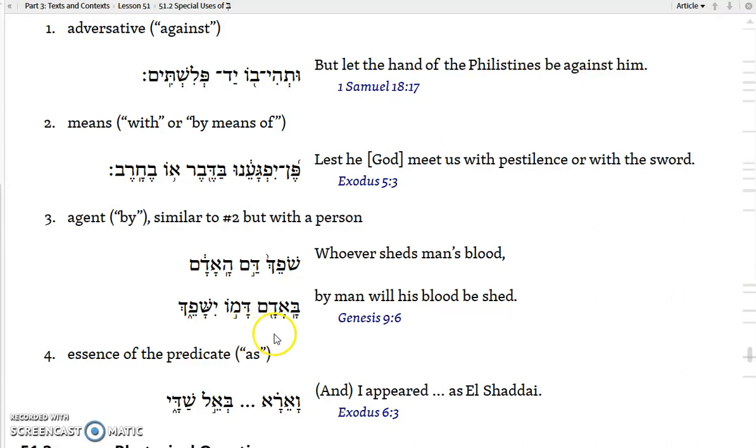But anyway, there's at least three different interpretations of the bet here. The most obvious one is instrumentality, in which it is actually demanding capital punishment for deliberate murder, though the adversative bet or the bet of price are at least defendable.